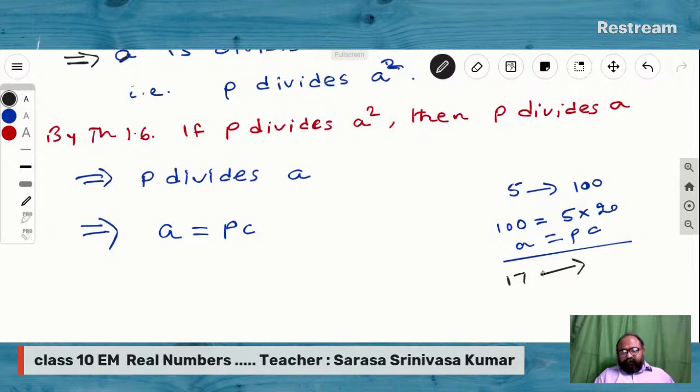If 17 divides 510, then we can write 510 equal to 17 multiplied by 30.